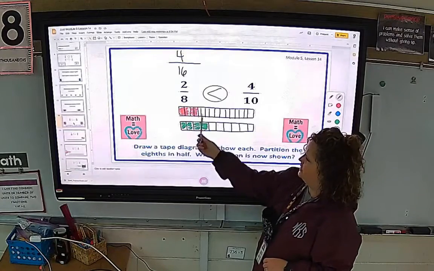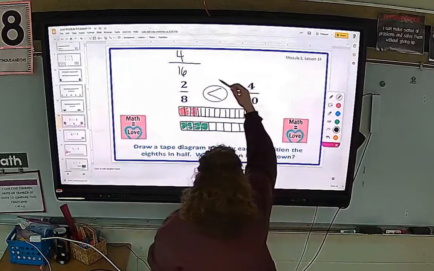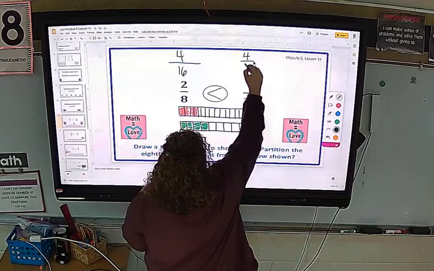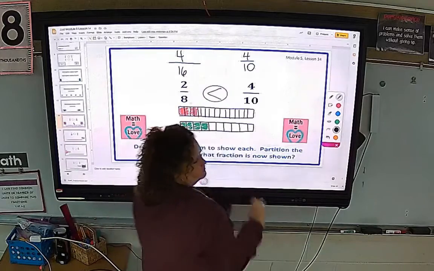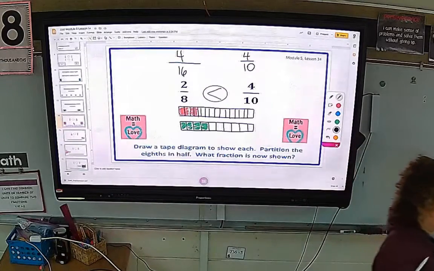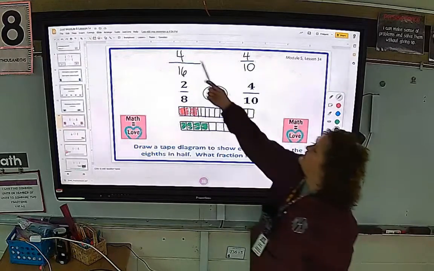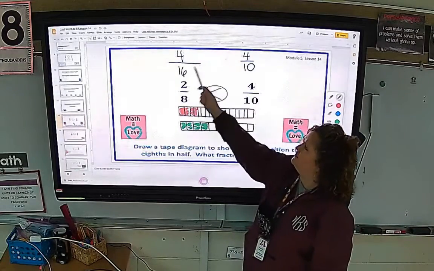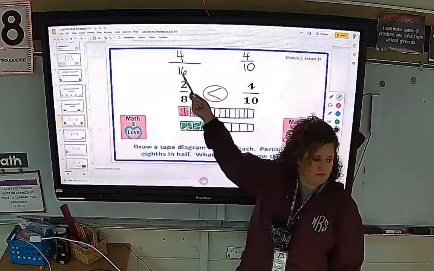is still smaller than 4/10. But look at what we did. We just created two fractions that have the same numerator. And so, when those become the same number, it's easy for me to see that 16th is smaller, so this is going to be smaller.